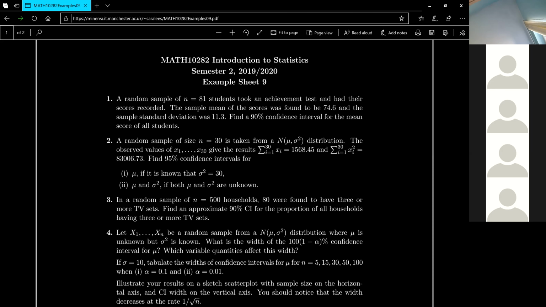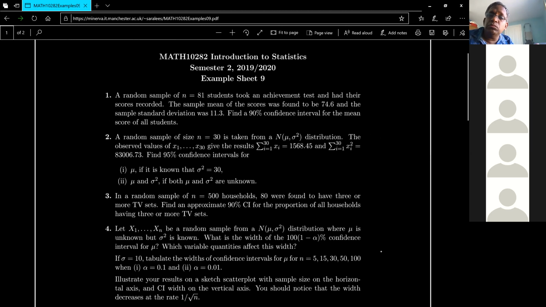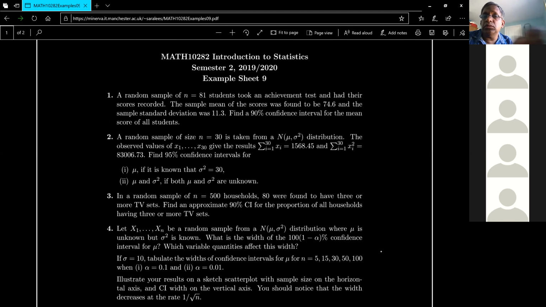Can you see it now? All right, this is question number 2 on sheet number 9. Can you take a few minutes and see if you can do it, please?